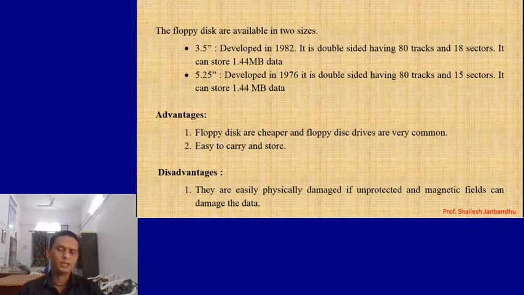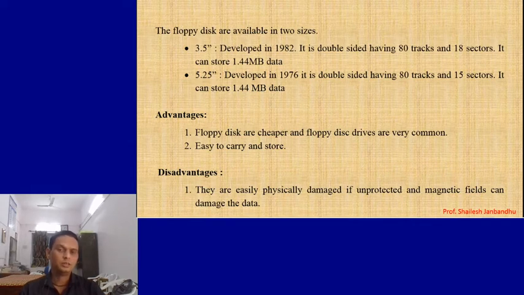But when floppy disks were used, they were very common. They are easy to carry and store, just like today we carry mobile phones, pen drives or memory cards. In the same way, users used to carry floppy disks to store the data. Only one disadvantage is there.